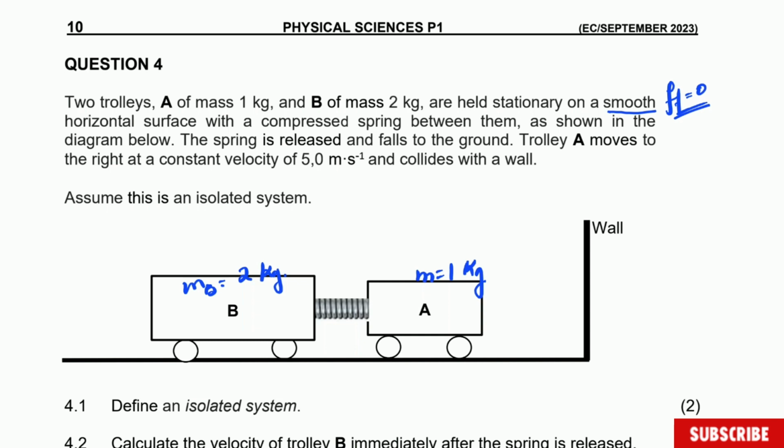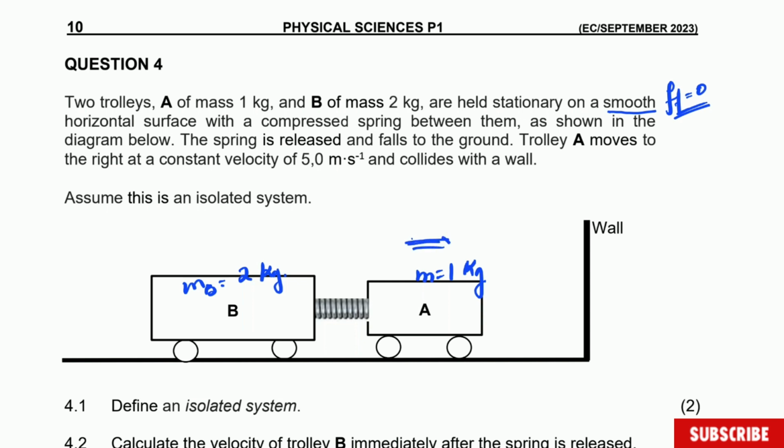Okay? And then this is stationary on a smooth horizontal surface with a compressed spring between them, as shown in the diagram below. The spring is released and falls to the ground. Trolley A moves to the right at a constant velocity of 1 meter per second and collides with a wall. So trolley A is going to be moving to the right.